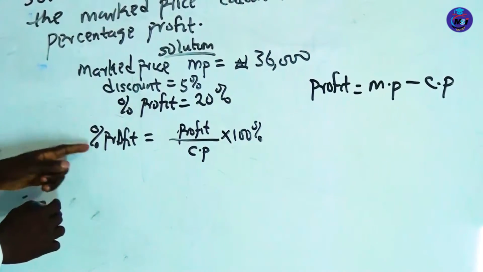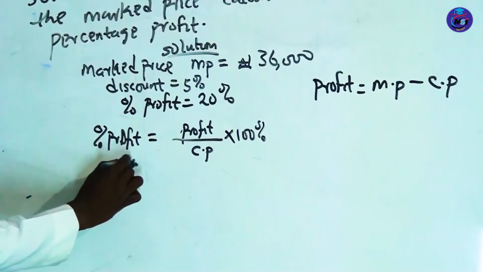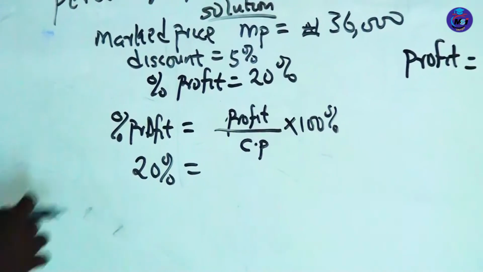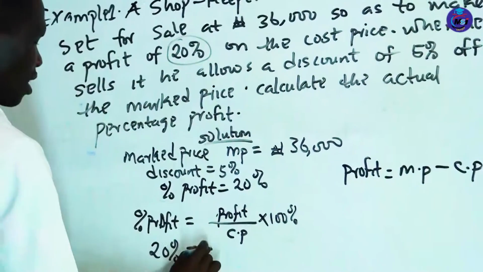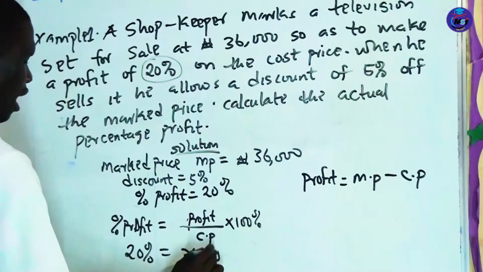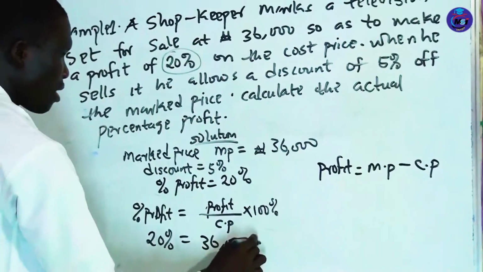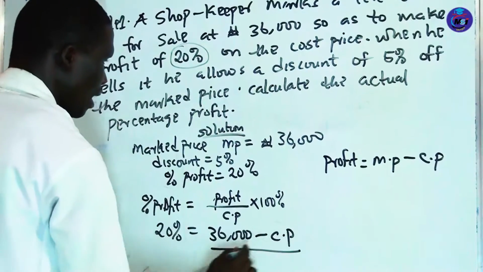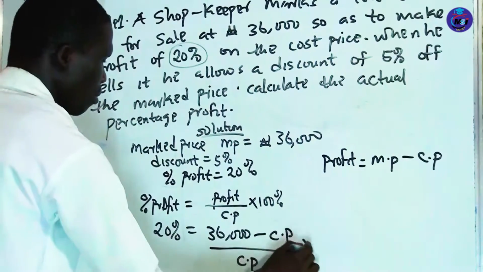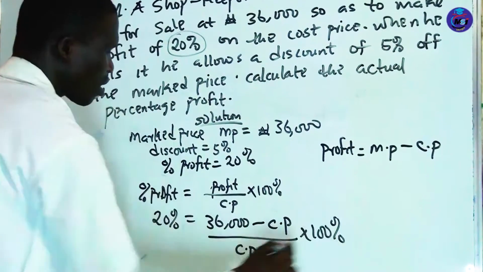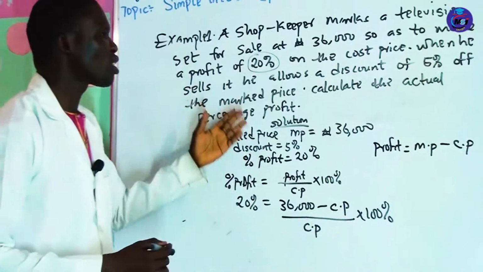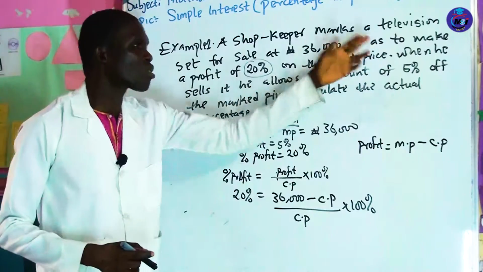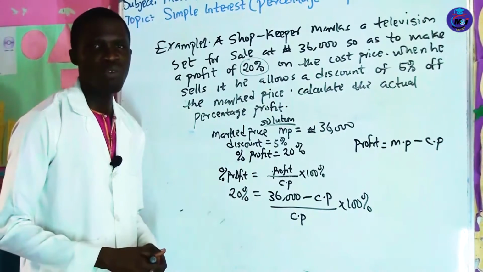Okay? So, 20% is going to give us mark price, which is 36,000 naira, minus cost price, divided by cost price, multiplied by 100%. Remember, from the question, we don't know the value of cost price.